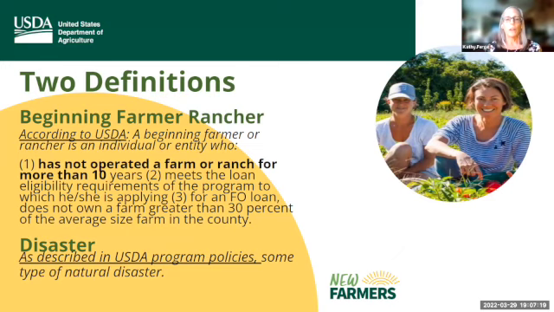There are other eligibility pieces as a part of that, which I'll let you read. What I want to focus on is the disaster description. For us, pretty much every single program and agency requires that it be some kind of natural disaster.